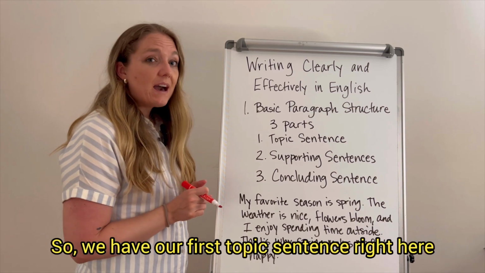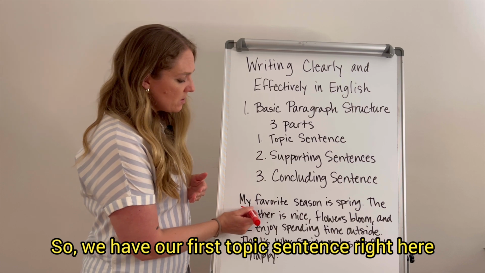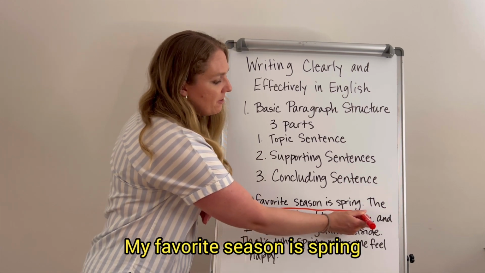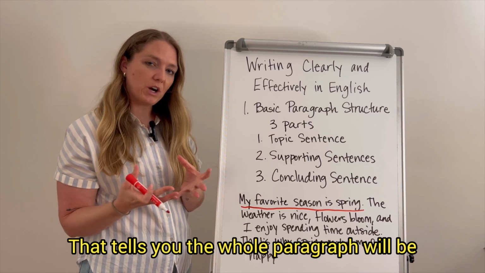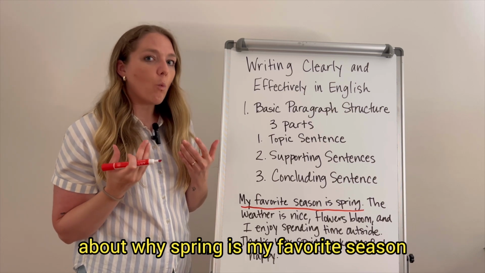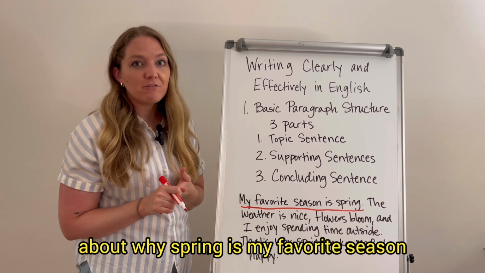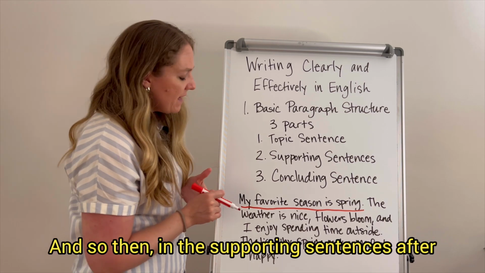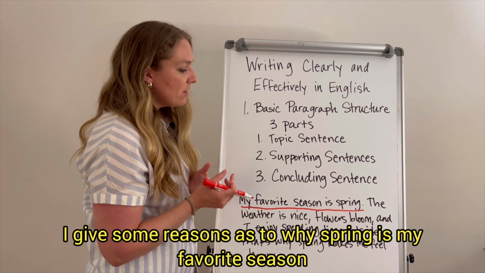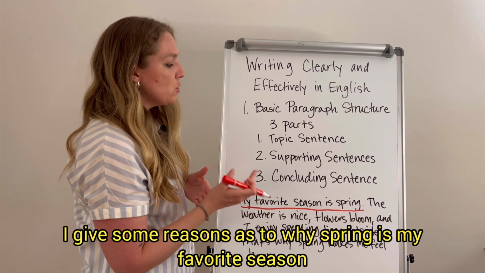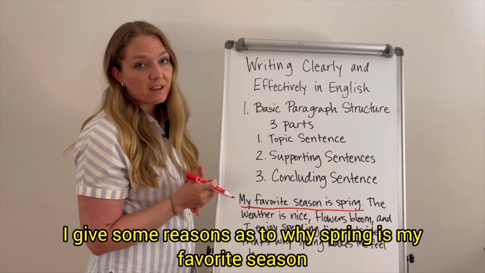So we have our first topic sentence right here. My favorite season is spring. That tells you the whole paragraph will be about why spring is my favorite season. And so then in the supporting sentences after, I give some reasons as to why spring is my favorite season.